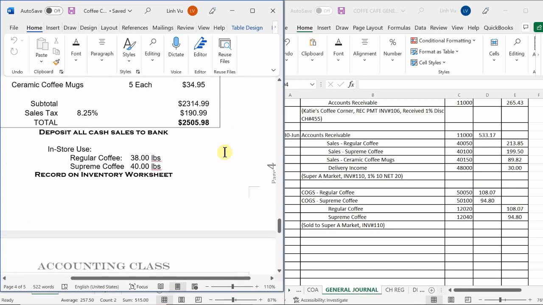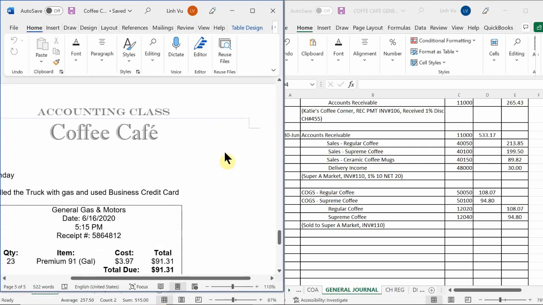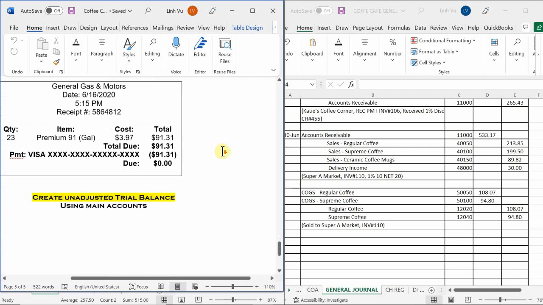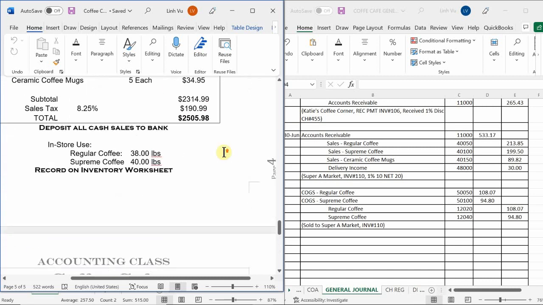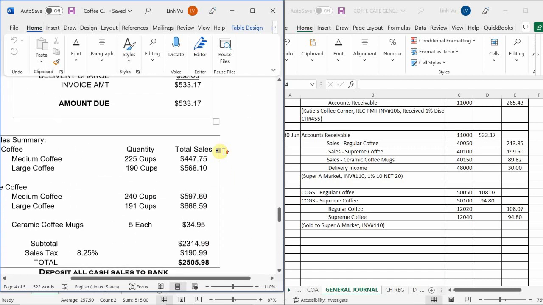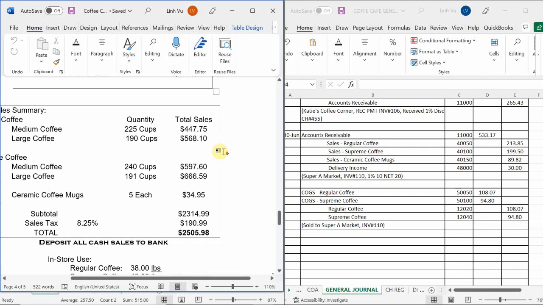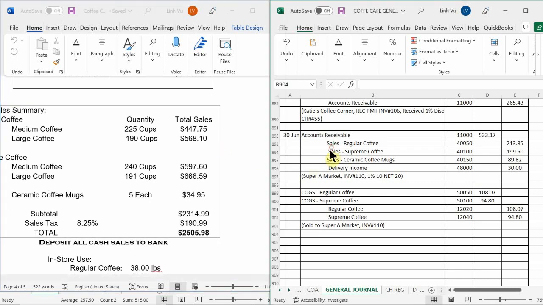Last transaction of the day. Actually, wait, let me see. Actually, two more. All right, so here we got some daily sales.